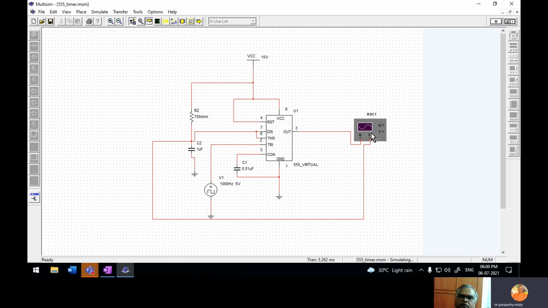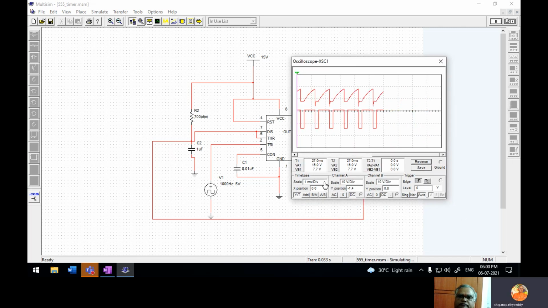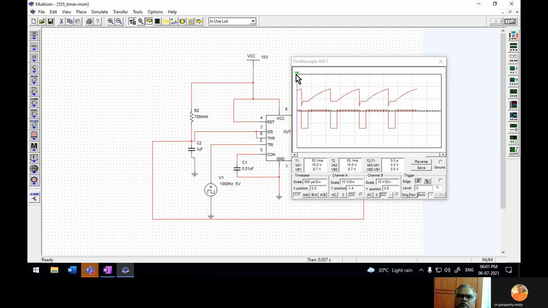Let us run the program. So this is the waveform. We want this gap of 770 microseconds.